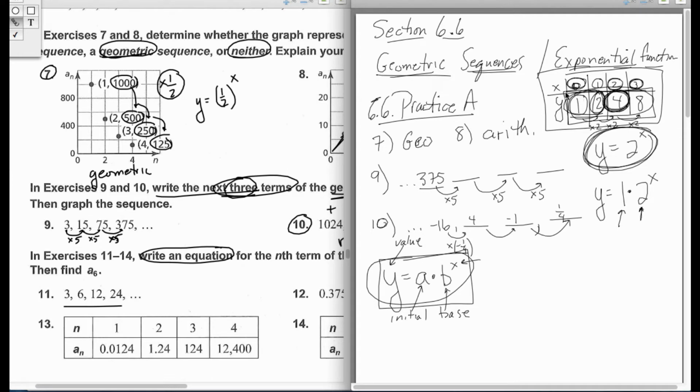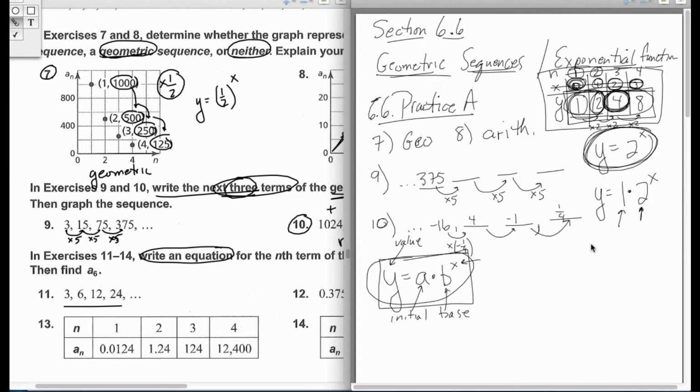So these x values up here, what I really am going to change this to be is the number in the sequence. So instead of x, I'm going to start putting n. And n is going to be the first number in the sequence, the second number in the sequence, the third number, and the fourth number. Notice that this n is 1 greater than the x value was. So I need to adjust by subtracting from this x value.